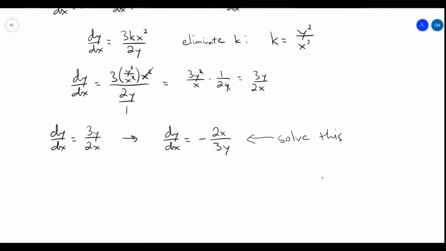And so separation of variables tells me this is going to be 3y dy is equal to negative 2x dx. We integrate both sides of this. So we're going to get 3/2 y squared is equal to negative x squared plus some constant.